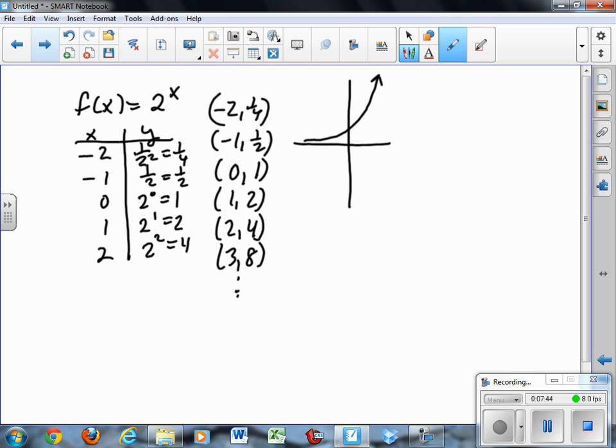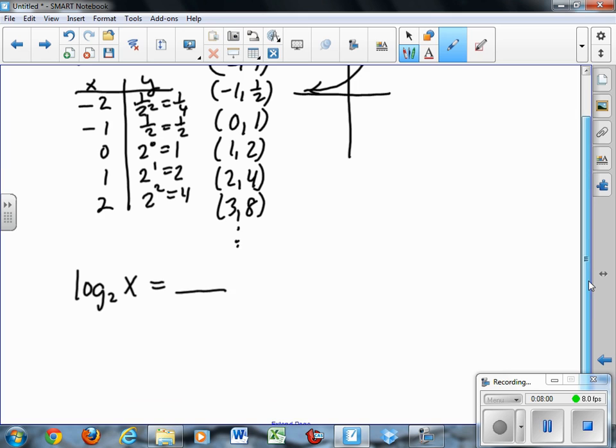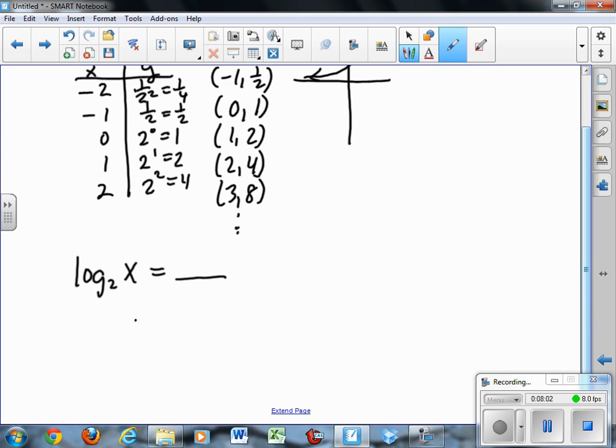Now, if I do log base 2 of x, I'm saying I'm putting in numbers that are powers of 2, and I'm finding their exponents. Let me rewrite this as f of x is equal to log base 2 of x.